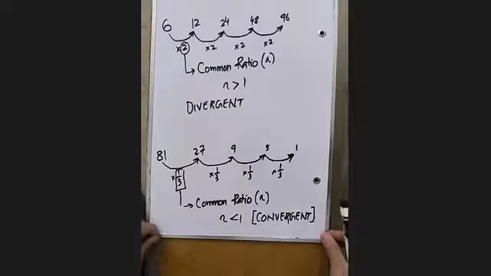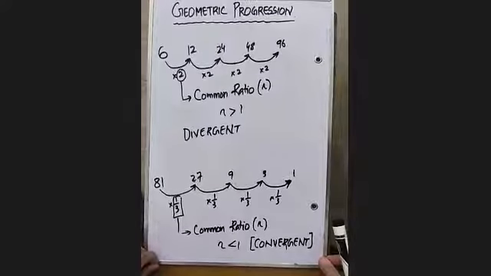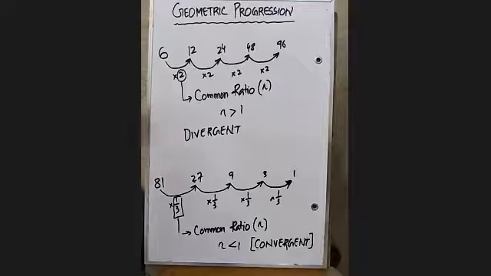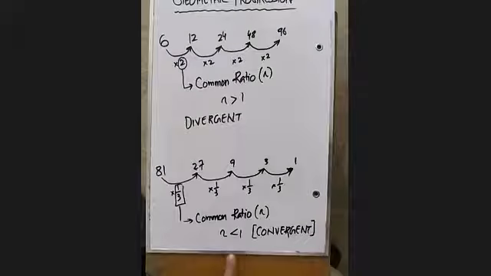So these two terms you must remember. Divergent means a geometric progression with common ratio r greater than 1, or an increasing geometric progression. When you have a decreasing geometric progression in which common ratio r is less than 1, the series is also known as convergent.